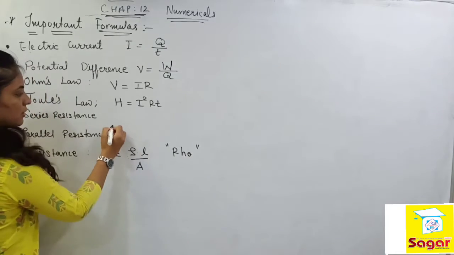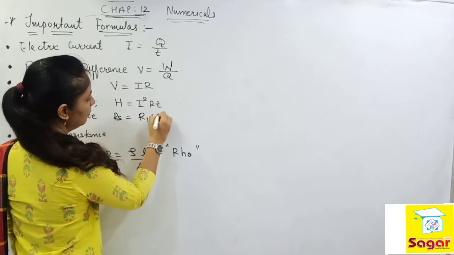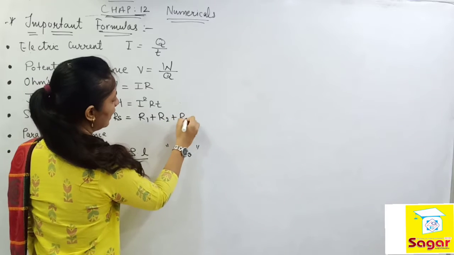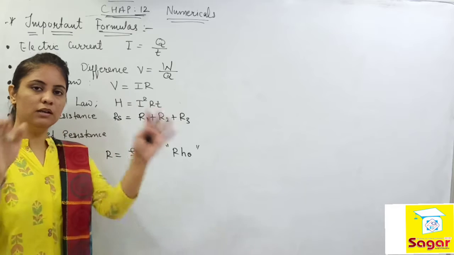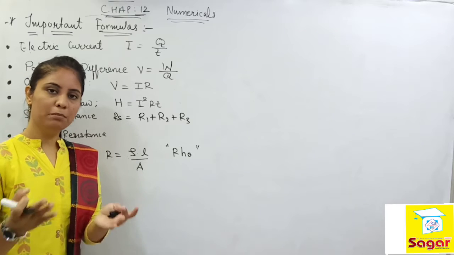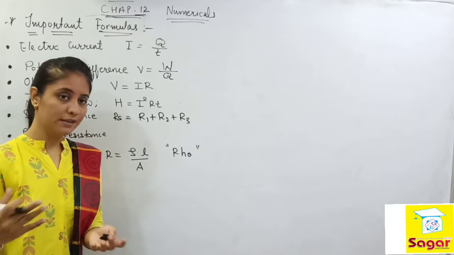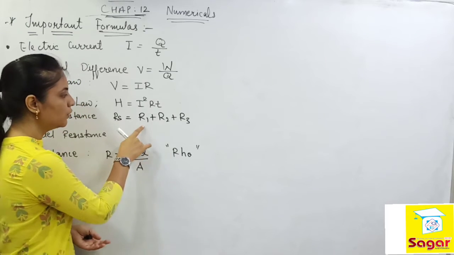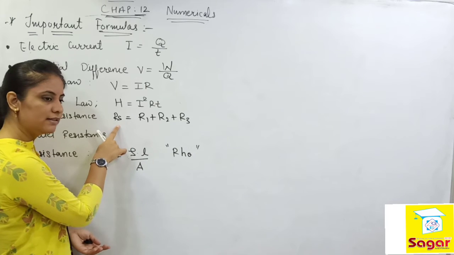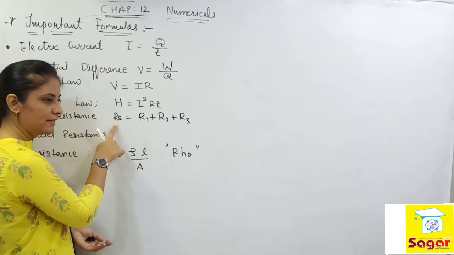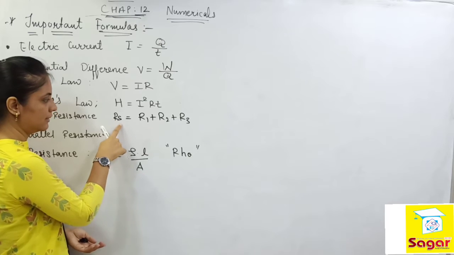We can go with this formula: series resistance is equal to R1 plus R2 plus R3. Suppose you have three components given in the circuit system. If you want to find how much resistance the components offer, you have to add all the resistances to find the net resistance. We call the net or equivalent resistance the series resistance, RS.